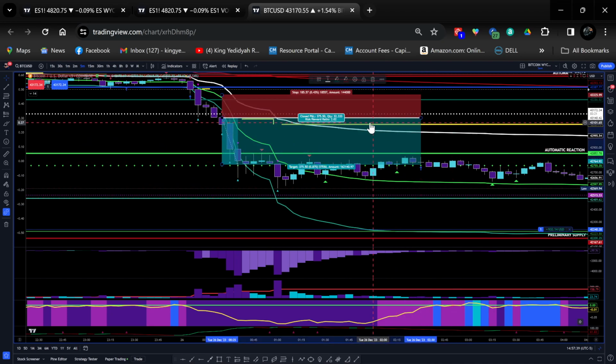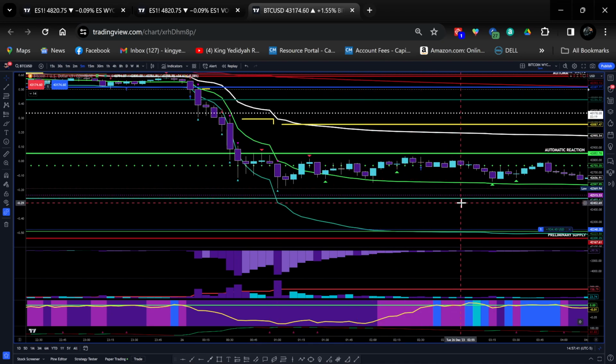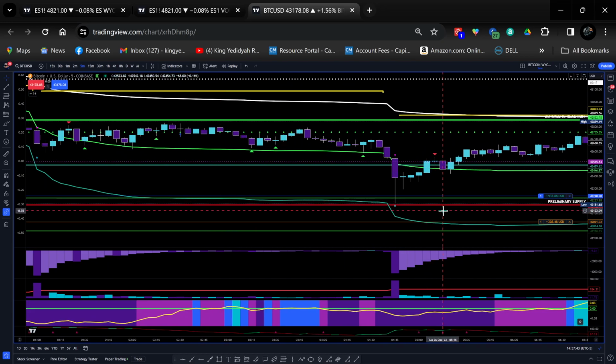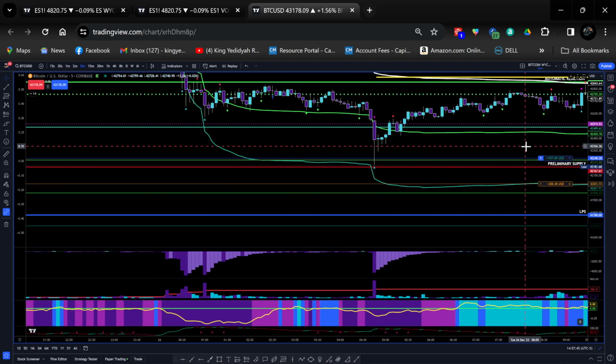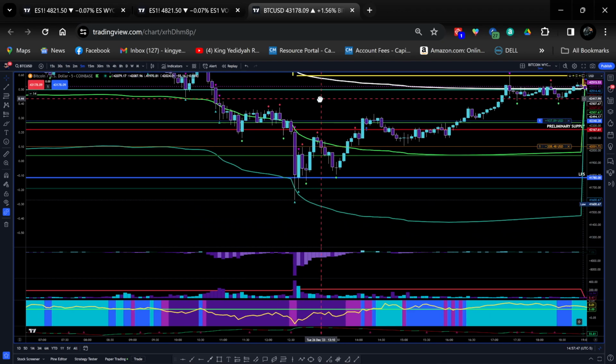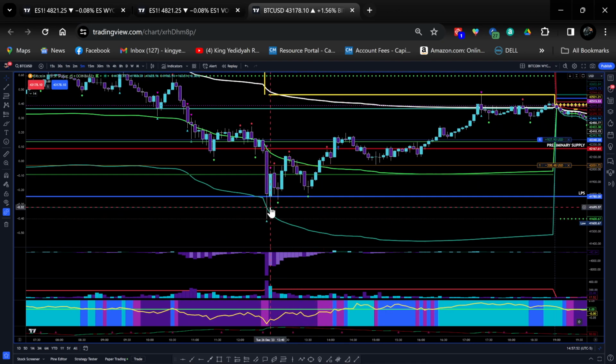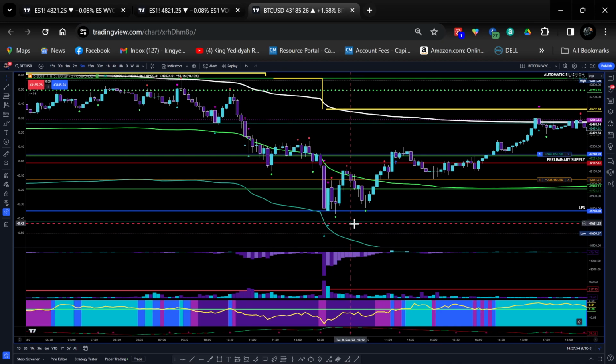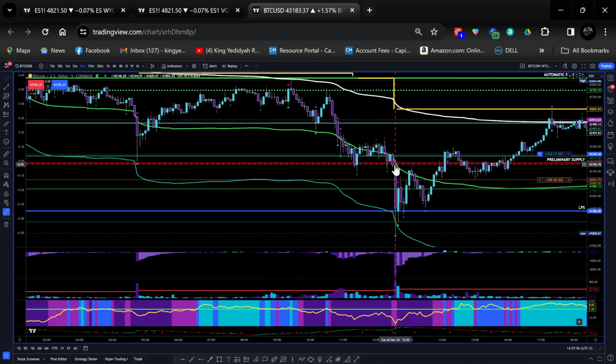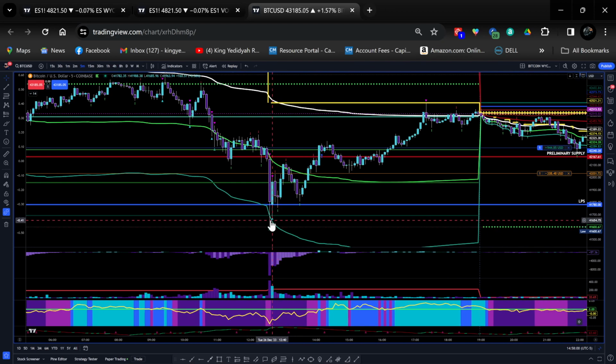So anyway, I'm noticing that when you get those lower deviation breakdowns, you usually get a nice follow through on the trade. Also, when you get support at this area here, let's say you get the first deviation breakdown, then the second, and you come to the second deviation line.